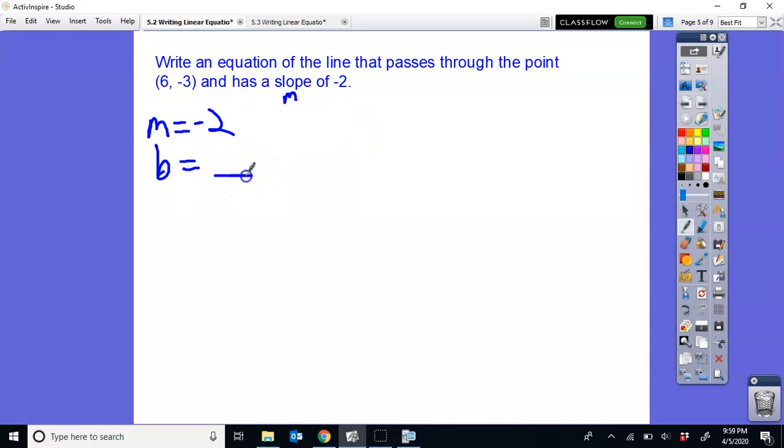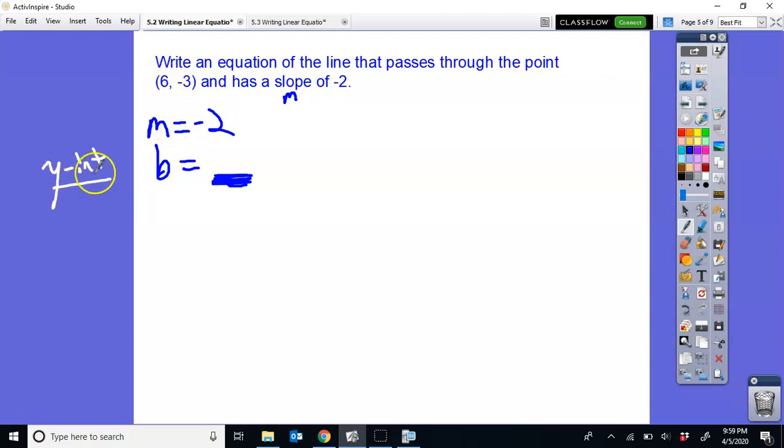But we do not have the b value. We are not given the y-intercept. Remember, the b is the same thing as the y-intercept we just talked about on that graph we did a few minutes ago. We don't have the y-intercept. The reason I know that is because this other point that I am given has an x value and a y value, but it doesn't have a 0 for x.